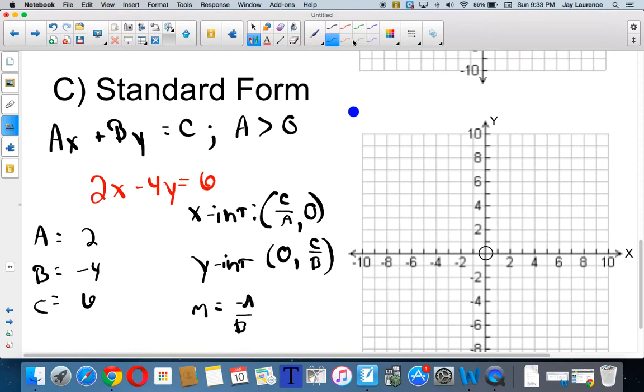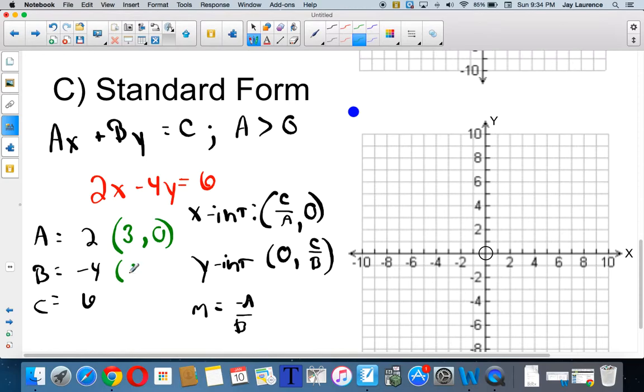In fact, as I look at it, I don't like the y-intercept because it's not going to come out to be an integer. It's going to come out to be a rational number, a fraction. So I'm going to find the x-intercept. I'll find all 3, but I'm only going to use the x-intercept and the slope. So the x-intercept is going to be c over a. 3, 0 is my x-intercept.